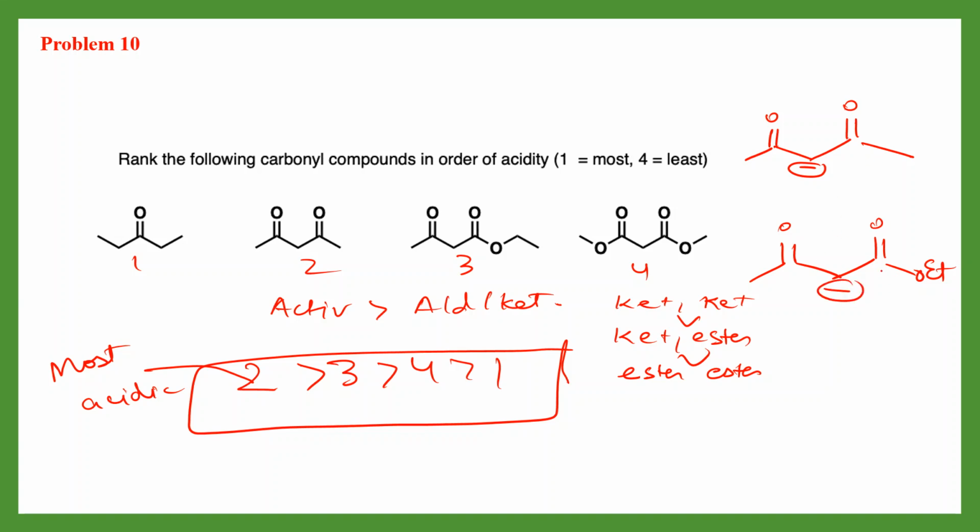This one or this one? This carbonyl's electron deficiency has decreased by this OEt group because overall OEt is a plus M group, correct? But in a ketone there is no such stabilizing factor other than hyperconjugation, if you call that. Therefore, ketones are more acidic than your esters. Remember this thing always.